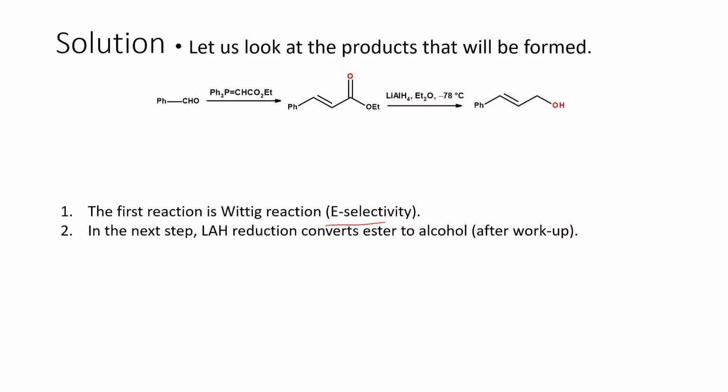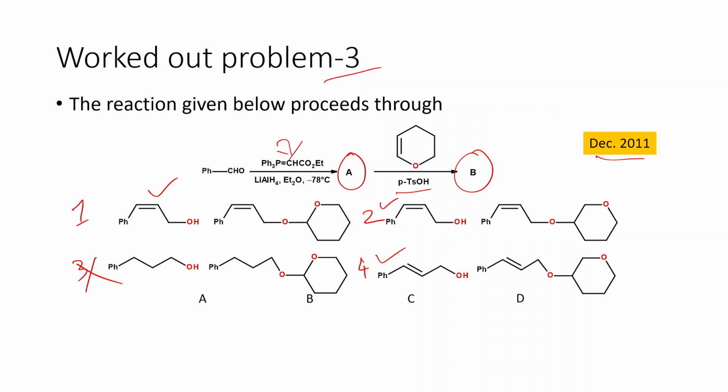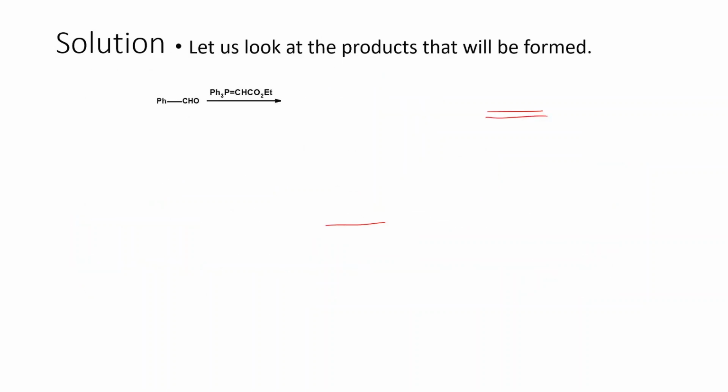On reduction with lithium aluminum hydride, this gives only the E selective allylic alcohol. If we go back to the options, 1 has the cis isomer, and 2 also has the cis isomer. That means 1 and 2 may not be the right one, and obviously we can easily figure it out. 4 is going to be our final product.